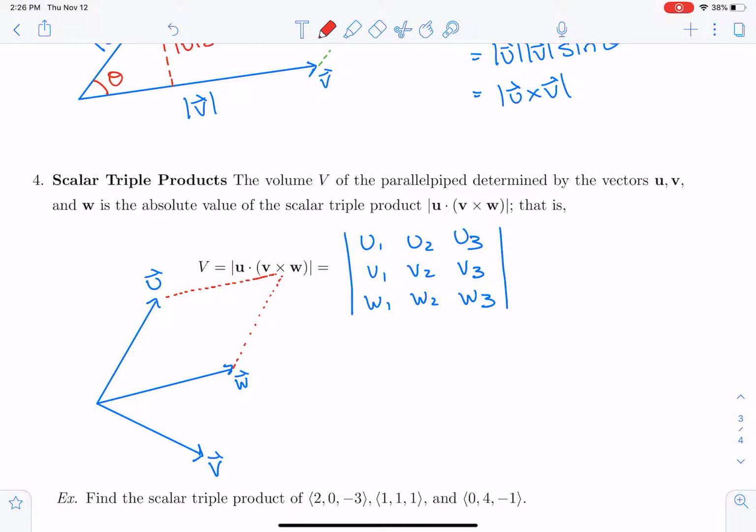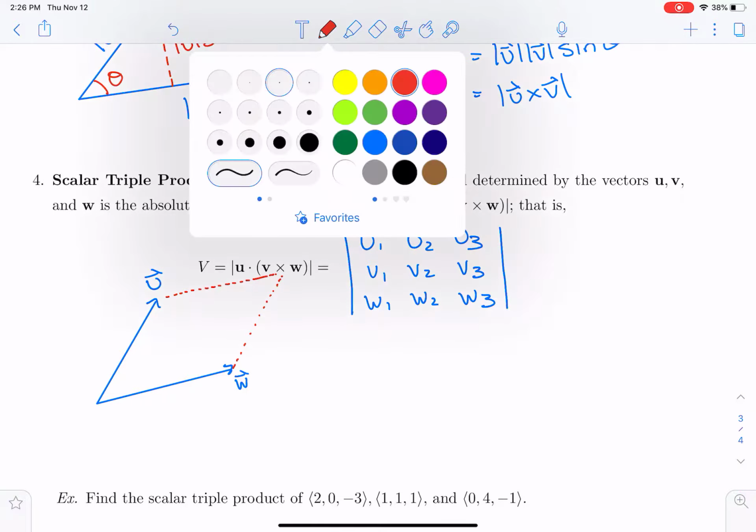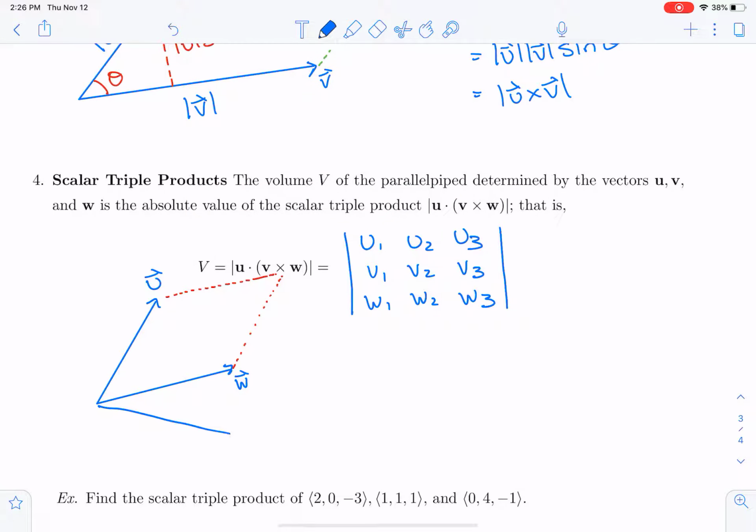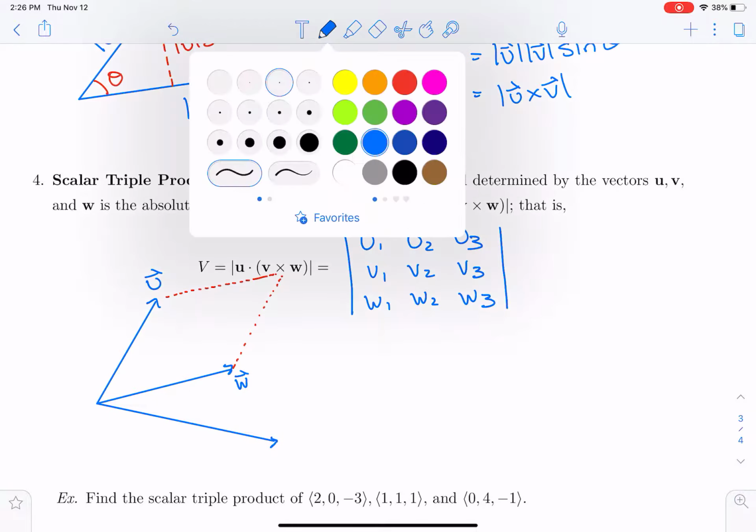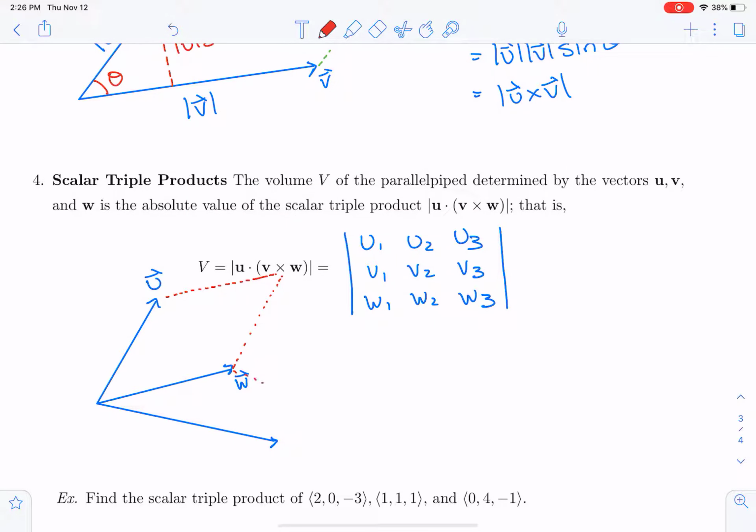So I'm going to make this v vector just a little bit longer and a little bit shallower here. So with every one of these vectors, I'm going to make a plane that's formed by those vectors.